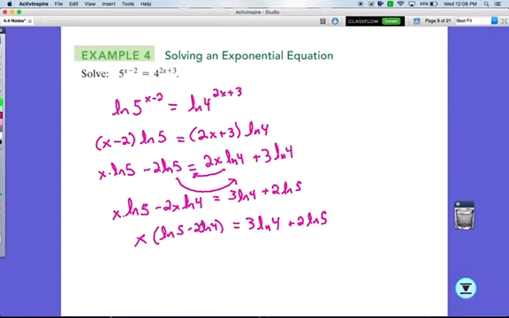And then the last step is to get the x by itself. So you're going to divide that parentheses over. So your answer is going to be 3 natural log of 4 plus 2 natural log of 5, all divided by the natural log of 5 minus 2 natural log of 4.